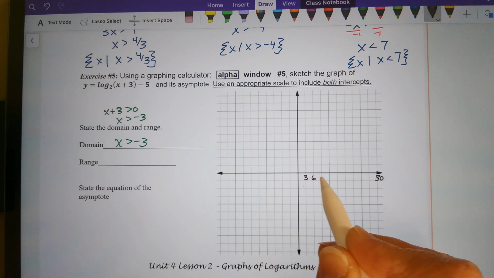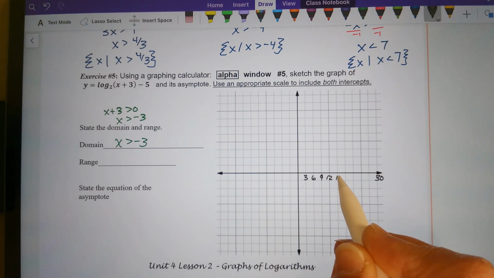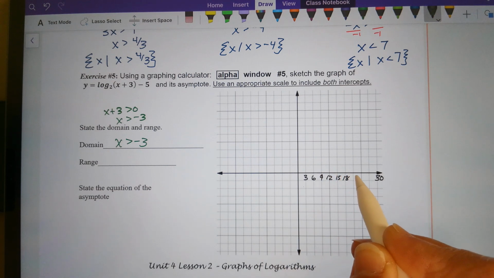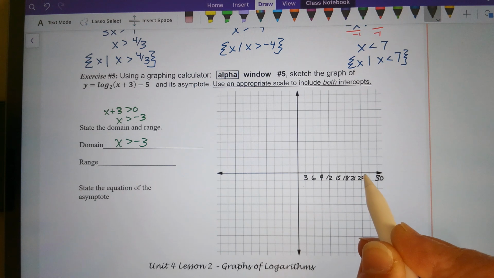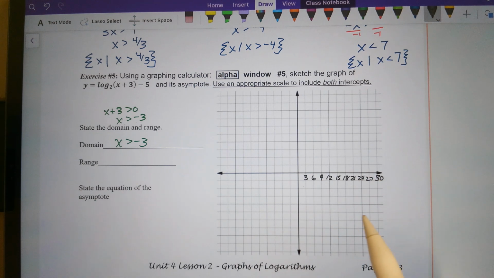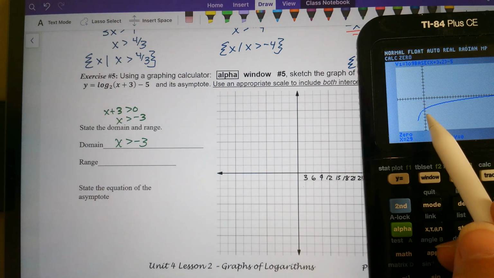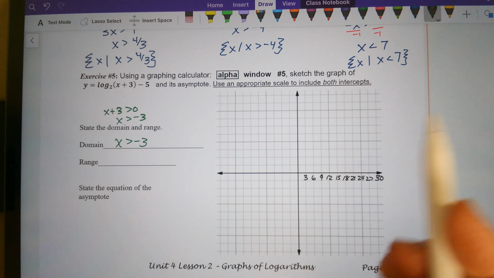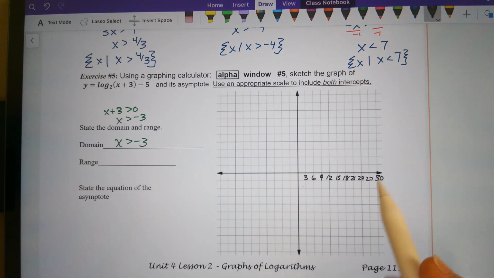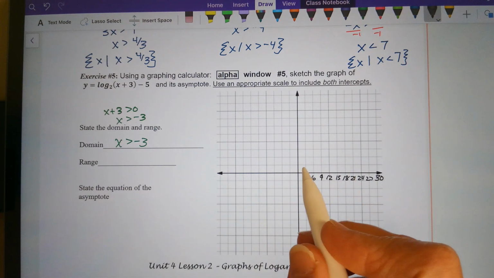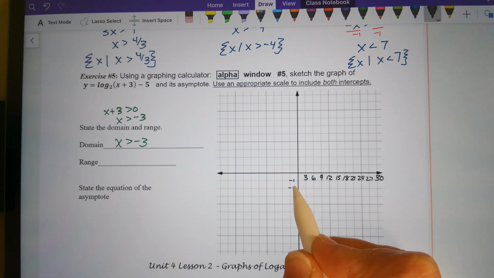So that was 3, 6, 9, 12, 15, 18, 21, 24, 27, 30. Okay, and we knew that our y-intercept is between -3 and -4. So my x scale is going to go by 3's, my y is going to go by 1's.